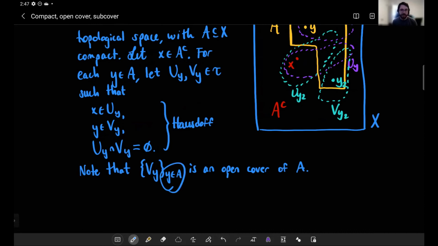Well, it's hitting every point, right? So it's definitely going to hit all the points y. Maybe it even bleeds over some, but who cares? It'll be an open cover. Since A is compact, there exists a finite subcover.